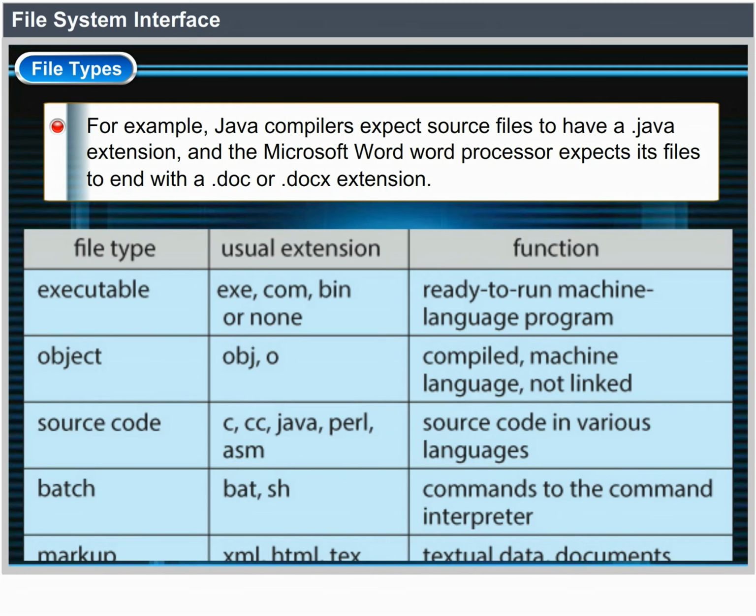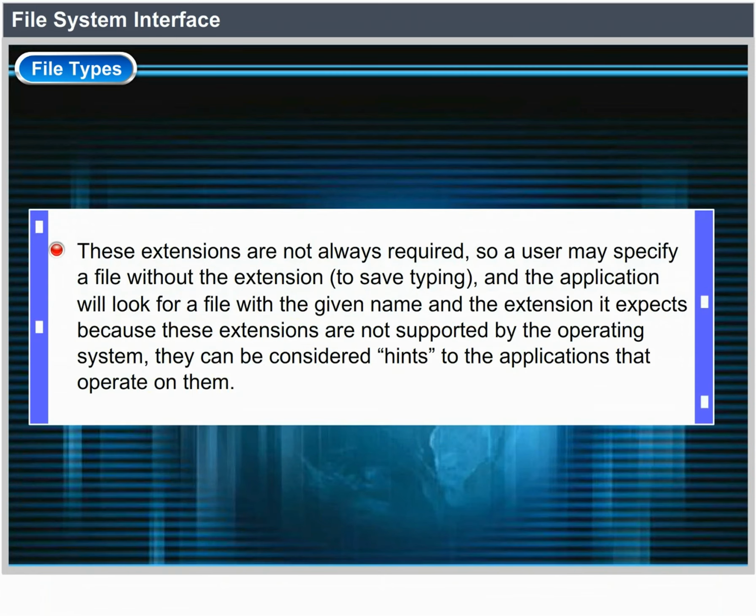These extensions are not always required, so a user may specify a file without the extension to save typing, and the application will look for a file with the given name and the extension it expects. Because these extensions are not supported by the operating system, they can be considered hints to the applications that operate on them.